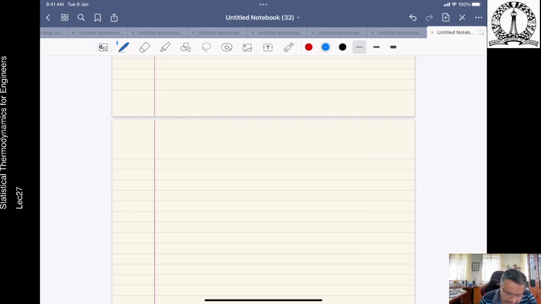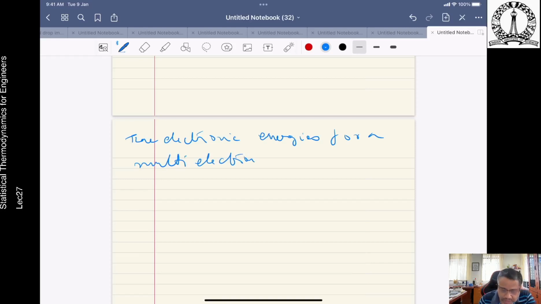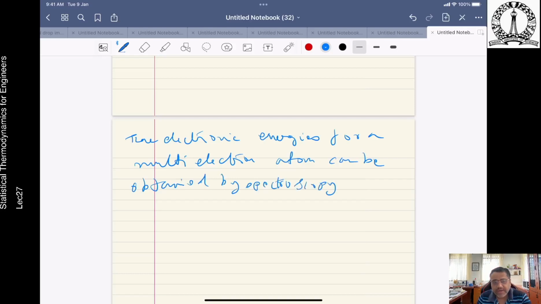Here, the electronic energies for a multi-electron atom can be obtained by spectroscopic methods, by spectroscopy. This we already told earlier, that it is developed from spectroscopy.